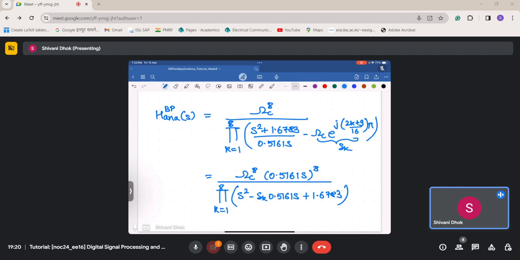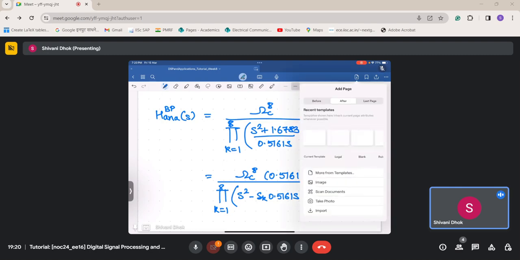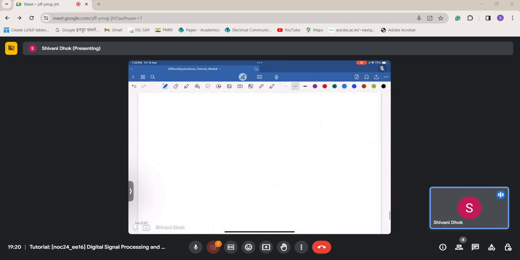Now what do we need to do next? The next step will be doing the bilinear transform. So after that, the final step: do the bilinear transform. That is, replace this S by (1 minus Z inverse) upon (1 plus Z inverse).